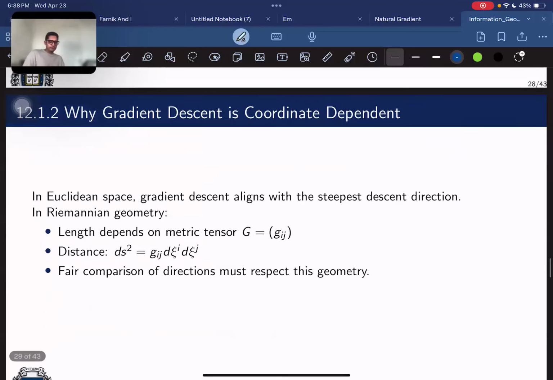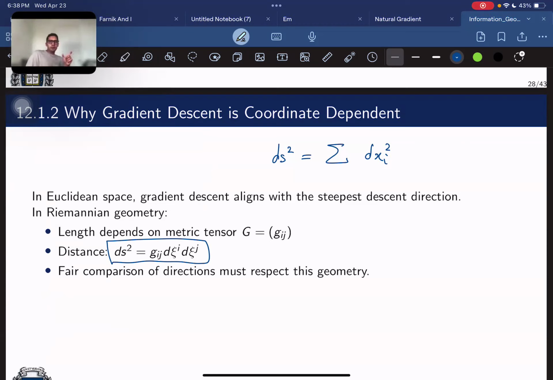If you remember, in Euclidean space the distance is given by this Euclidean form. But the whole idea of information geometry is that the distance has changed by considering this Riemannian geometry.